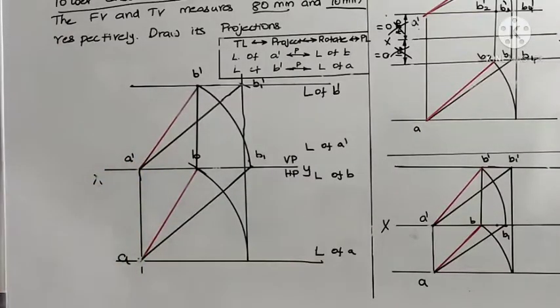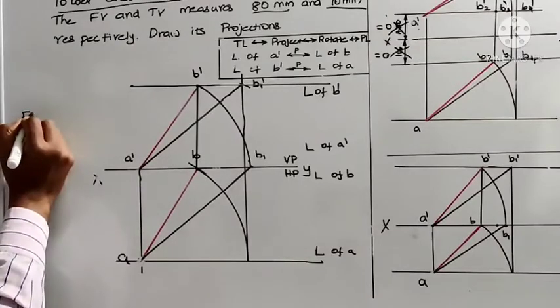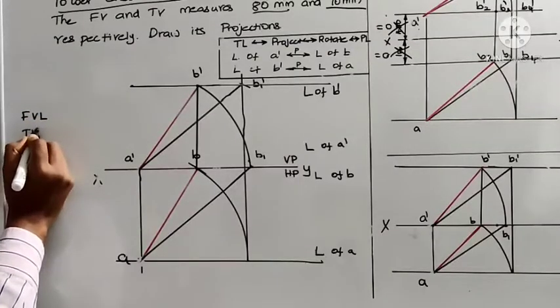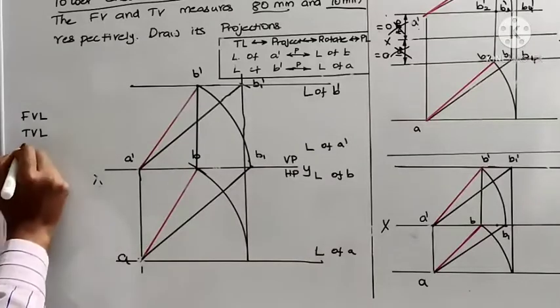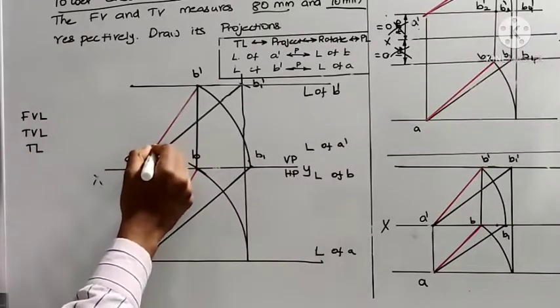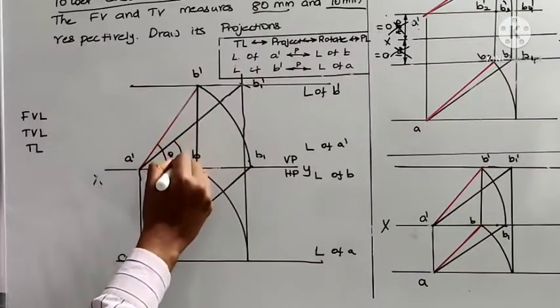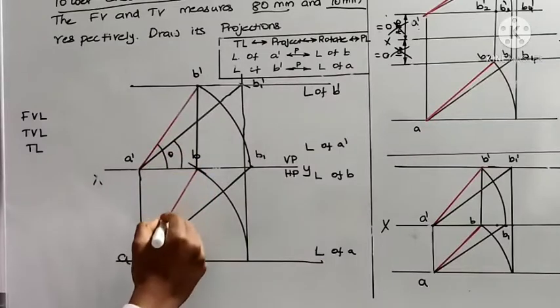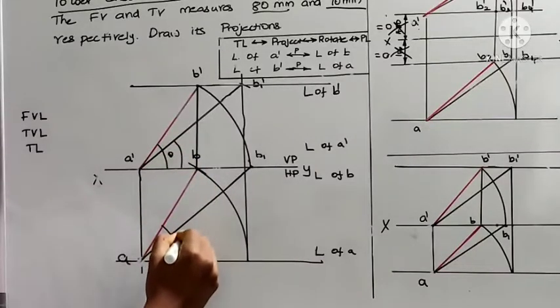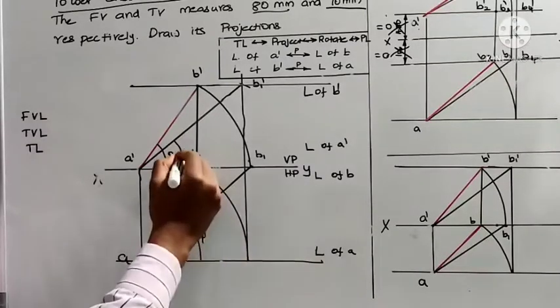Next you need to dimension 6 things. One is the front view length, the top view length, then the true length, then theta, alpha, phi, beta.